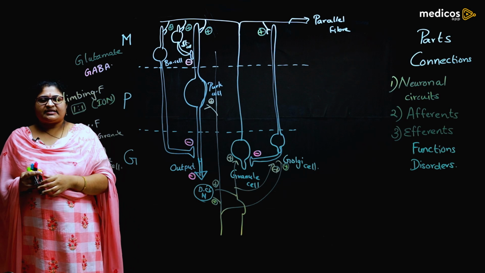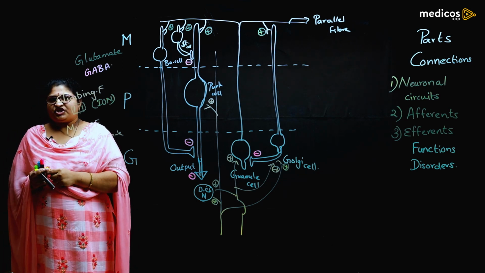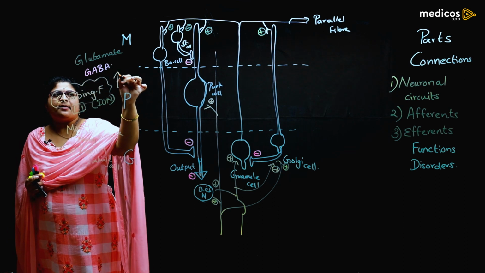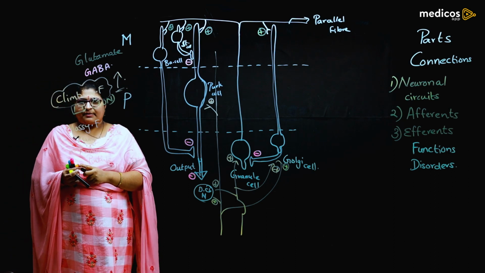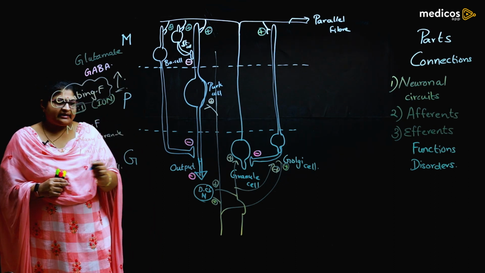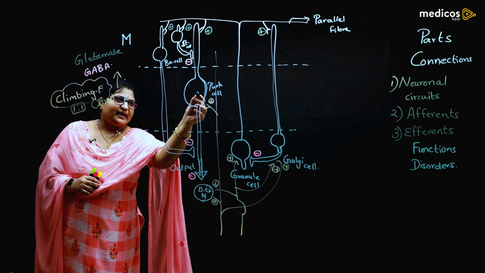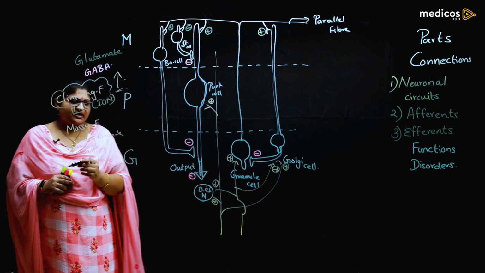The importance of it is that whenever we are learning a new activity, the activity in the climbing fiber shoots up. So a new learning activity will stimulate climbing fiber activity. The deep cerebellar nuclei are influenced by the Purkinje cell, mossy fibers, and also climbing fibers.